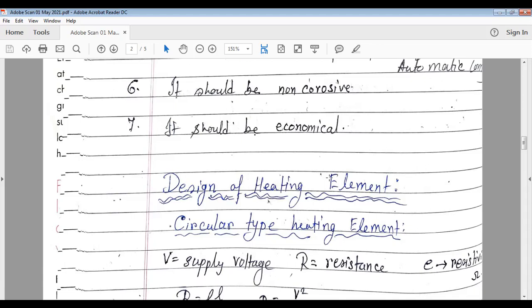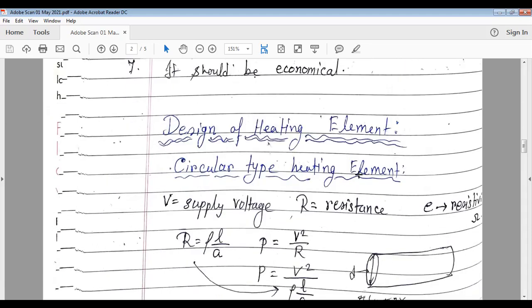You can't use a highly expensive element. You have to design for your specific work and design a specific heater. So then you have to apply these concepts.